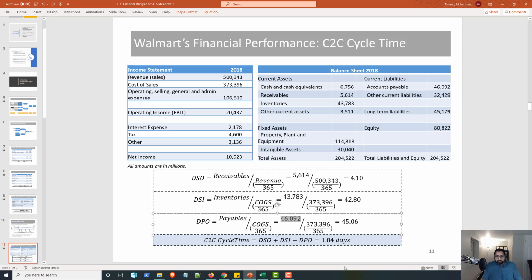So we compute cash to cash cycle time for Walmart. We add this one, DSO, plus DSI, and we subtract the payable days, and we get 1.84. This means Walmart has very low working capital requirements because Walmart only needs to finance its working capital for 2 days.